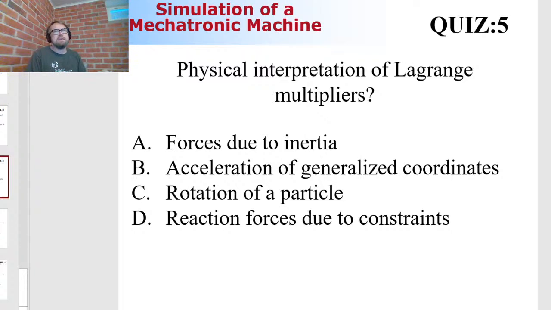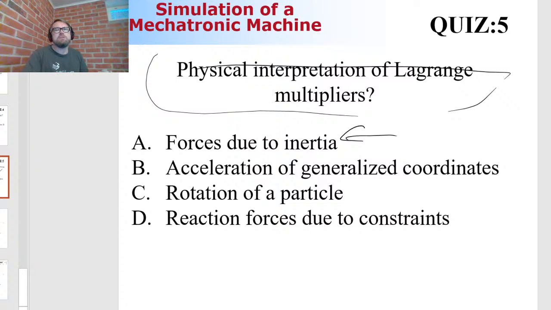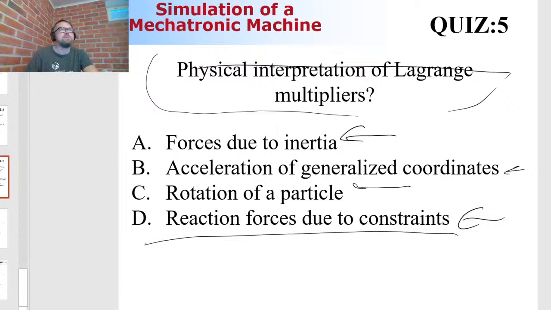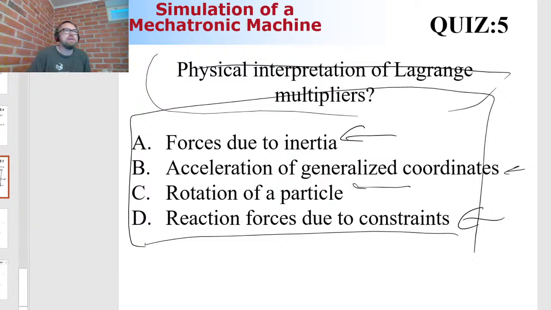The choices are: force due to inertia, acceleration of generalized coordinates, rotation of particle. Okay, rotation of particle. I cannot make any comments, I'm just too confused. And then reaction force due to the constraint. So those are the four choices, and select the one that is correct.